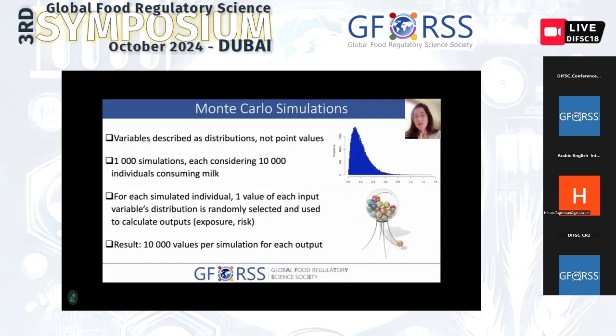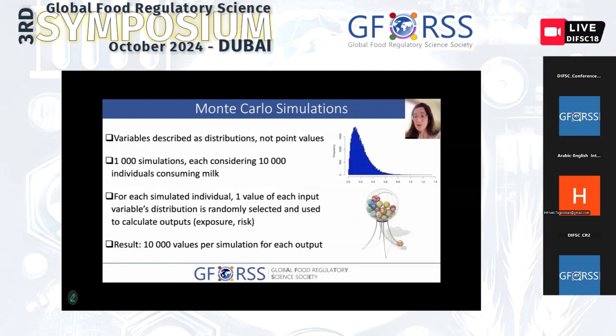You can imagine this process easily as, for each variable, a bag full of balls, and each ball has a given value. So for each iteration, a ball will be randomly sampled from each bag. This bag is the distribution, and these values will then be used to calculate exposure. And then we repeat this process for each of the 10,000 individuals.